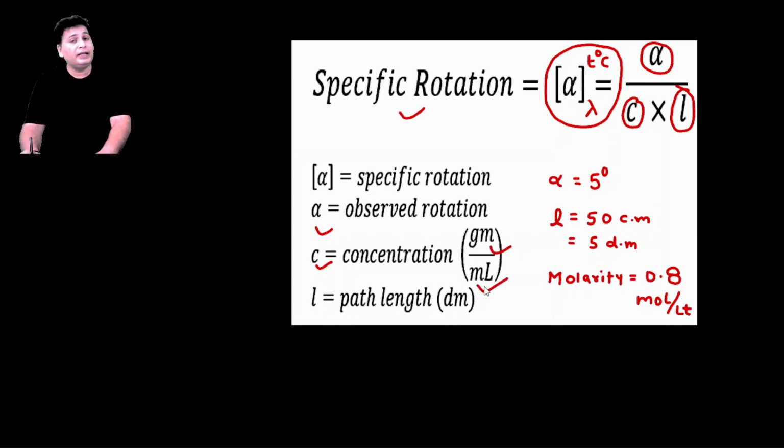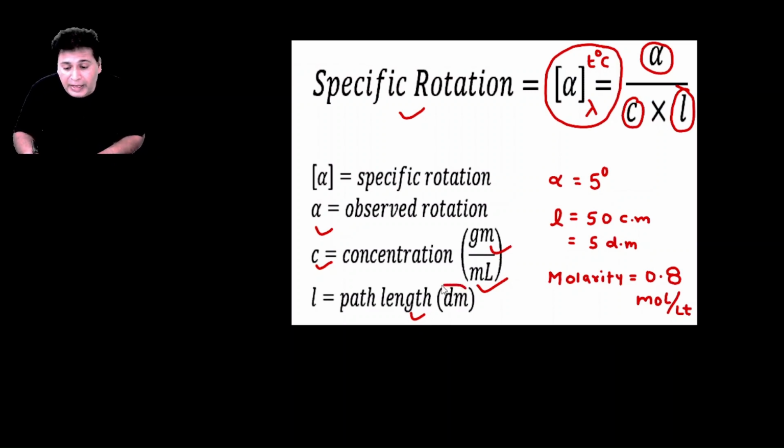So the concentration must not be in molarity; it must be in grams of compound per ml of solution. In our question the molarity is given, so we have to convert the molarity into grams per ml. That we will do afterwards. The length of the polarimeter, again you understand, should not be in centimeter or meter.